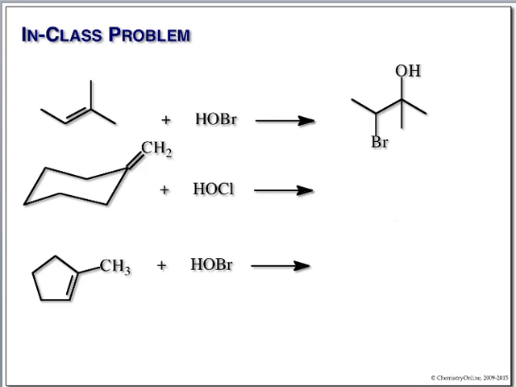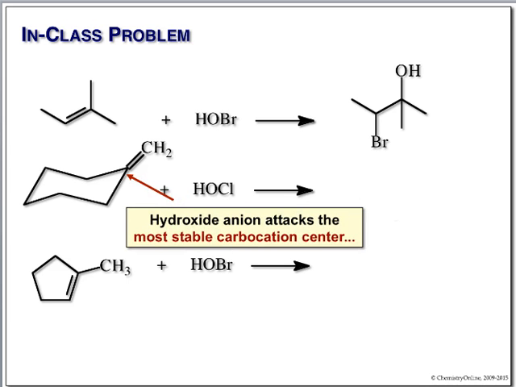I need to look at my alkene, figure out which carbon is going to give me the most stable carbocation. Here we have a tertiary, here we have a primary. This is our most stable carbocation. So what's going to happen? Hydroxyl group is going to be on the tertiary carbon, and the chlorine will be on the other.